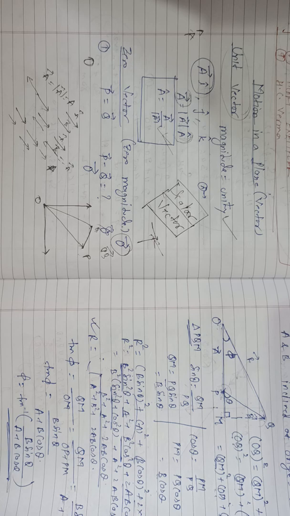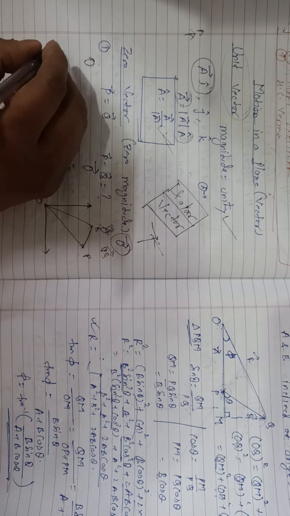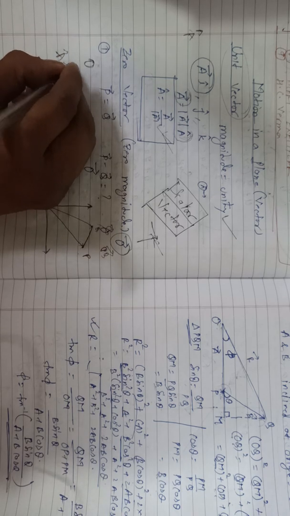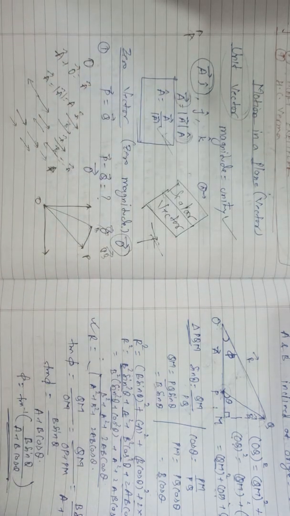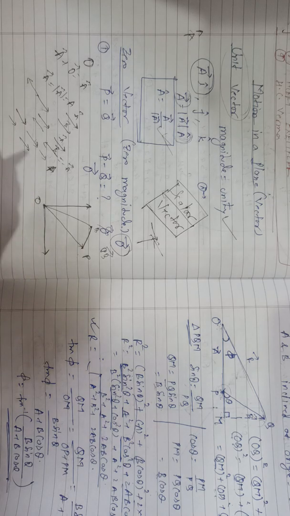Okay. So these are the needs of zero vectors, and what are the properties of zero vector? When a vector is added to a zero vector, we get the same vector. Suppose we write a vector plus zero vector, we will get a vector only. When a real number is multiplied by a zero vector, we will get zero vector.